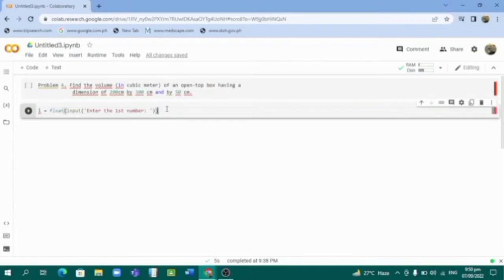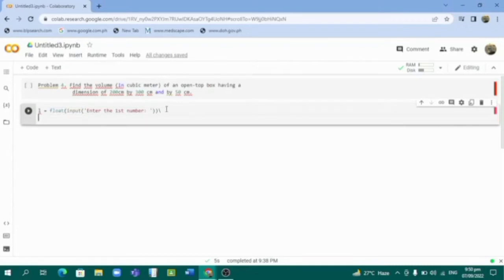Colon, then space. For the second line, we're gonna put here w, which is the width, equal sign, float function, input function, close open parentheses, quotation mark, enter the second number, colon, and then space.